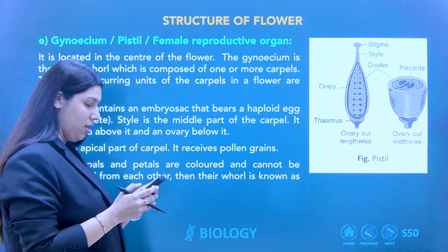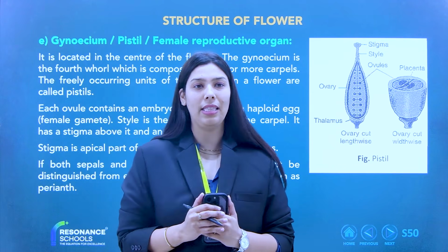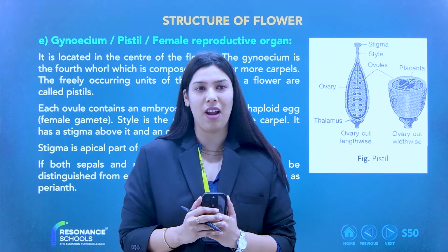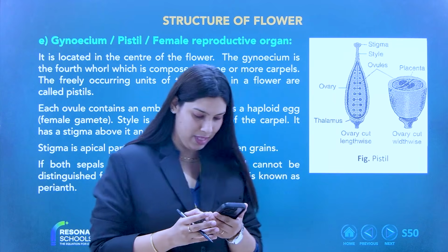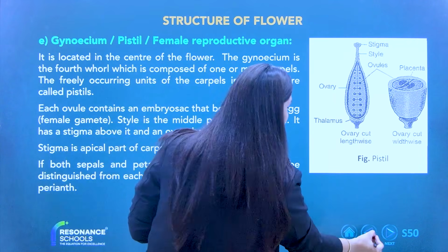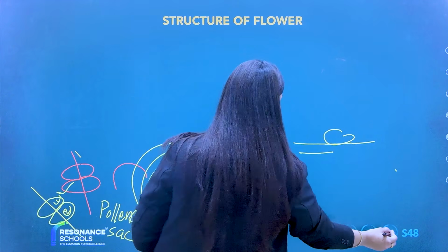Fine. So, up till now, what you all were reading, I think you all have started with the structure of flower. Am I right or no? Yes or no? Okay, fine. So, up till now, we have studied the structure of flower, correct?